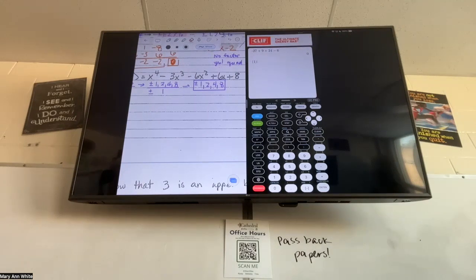So I'll do parentheses 1 raised to the 4th, and then -3 parentheses 1 raised to the 3rd, and then -6 parentheses 1 raised to the 2nd, plus 6 times 1, and then plus 8. Now, it's kind of a lot to make sure everything's in order, but notice that I've got parentheses around all of my x's. So if this doesn't turn out to 0, I can easily reuse this equation again and plug in a new number, okay?